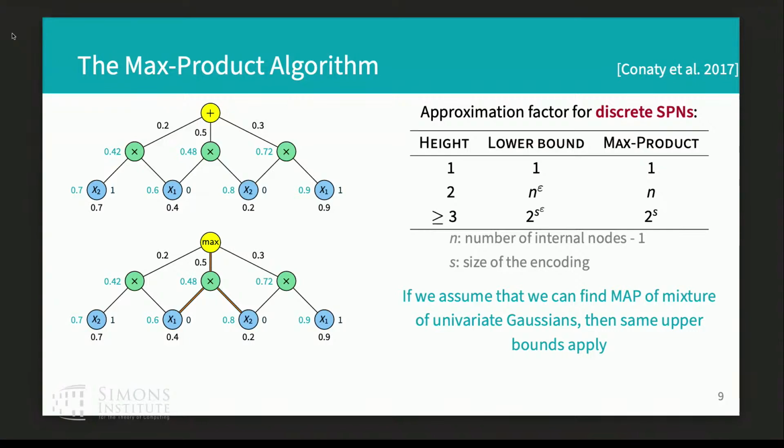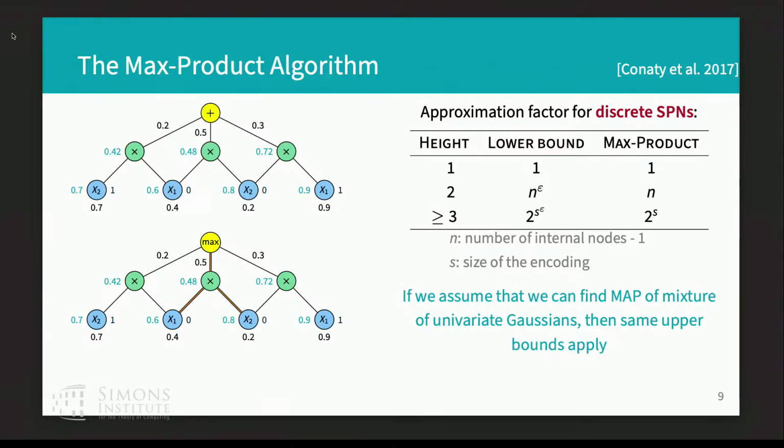Right. So the only thing I did in that proof is I just showed that you can act greedily, and you can easily find an upper bound, and this upper bound is satisfied by max product. I haven't considered whether the leaves were discrete or not, right?